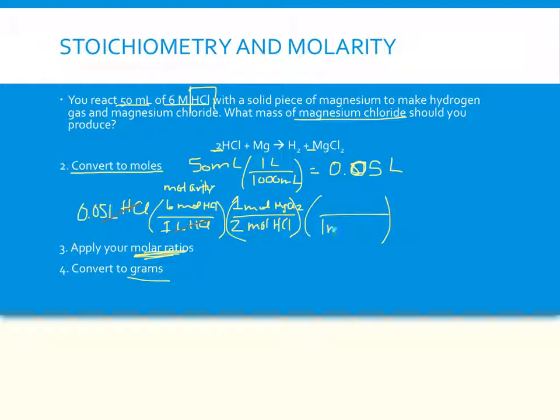So molar mass is always equal to 1 mole, and I need to put that on the bottom to cancel things out. The molar mass of magnesium chloride is 95.21 grams MgCl2. So far I've canceled out moles of hydrochloric acid, moles of magnesium chloride, leaving me with grams of magnesium chloride. And when I calculate this out, I get 14.28 grams MgCl2.